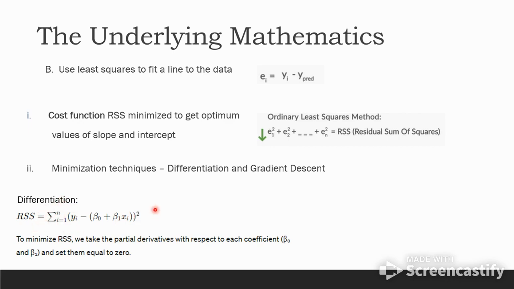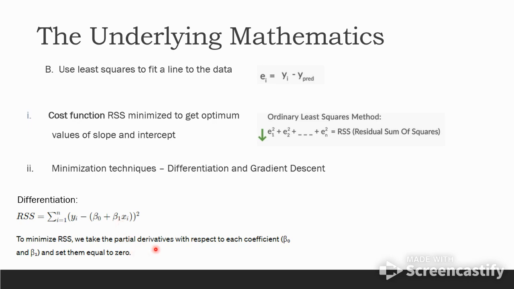If we minimize this entire expression, we will get the best line, which is closest to the scattered data. So here is the differentiation method. We take partial derivatives with respect to each coefficient, beta naught and beta 1, and set them equal to 0. In the initial slide we saw this, but let's not get deep into that. Right now we are just finding the derivative of y with respect to x, because these are the only two variables we are dealing with, one independent and one dependent.